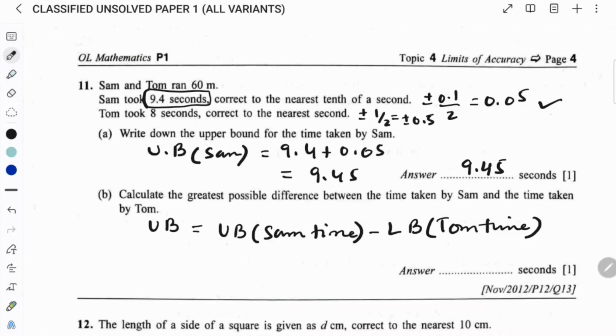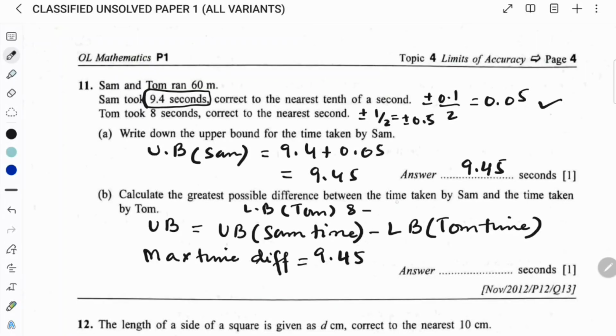So the maximum time difference is 9.45, the upper bound we have already found, minus the lower bound of Tom, which is 8 minus 0.5, equals 7.5.